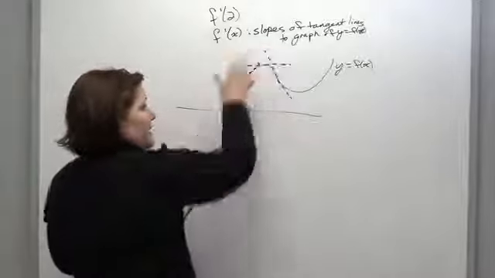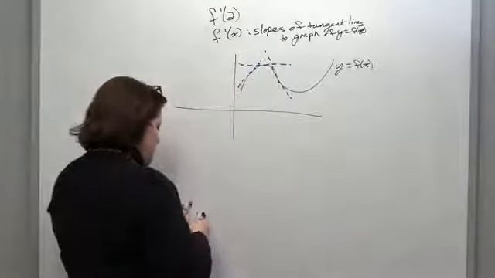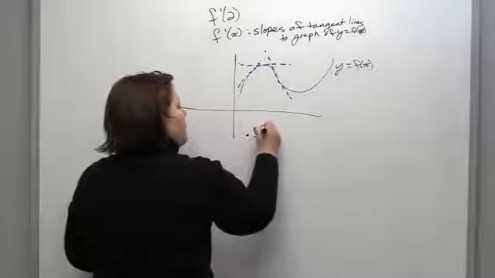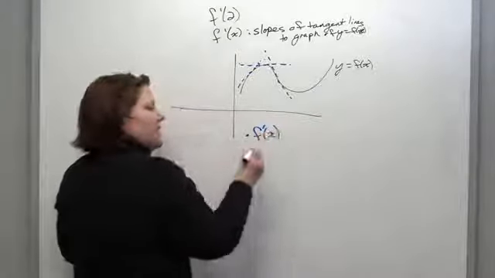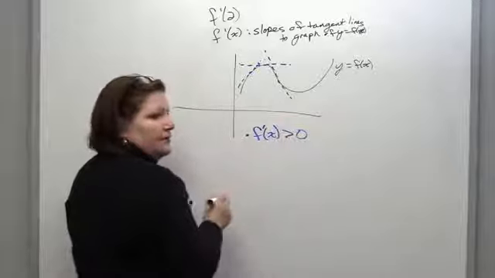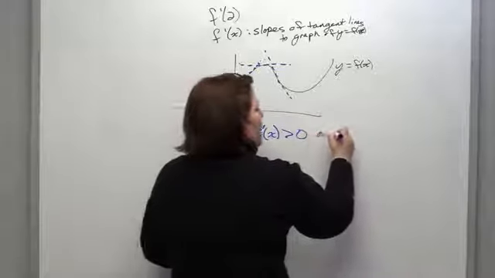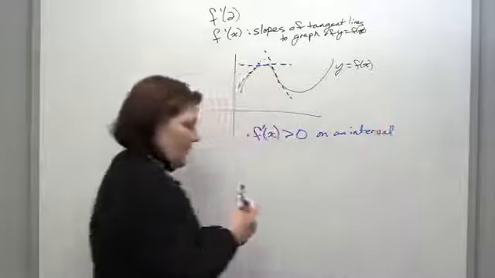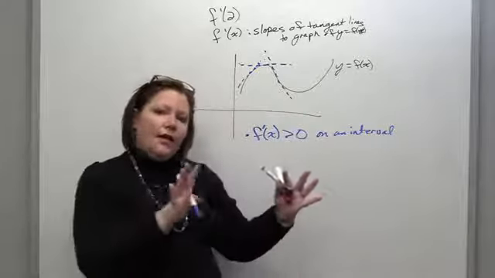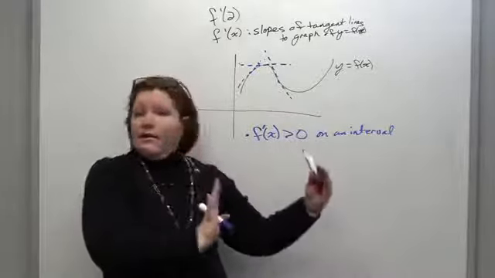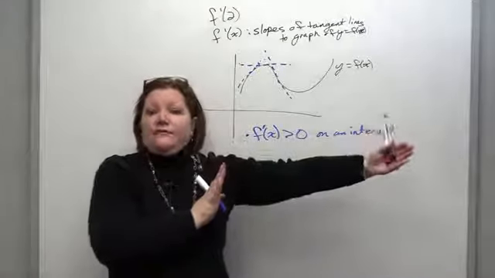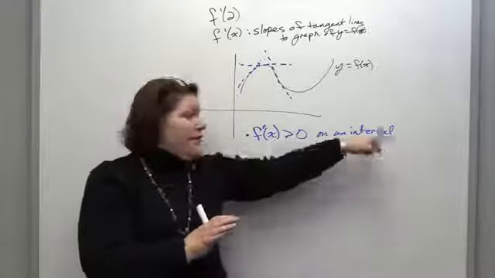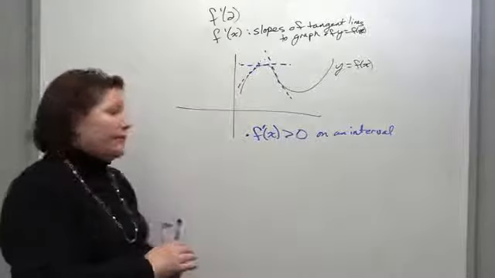Using this idea, when f prime of x is greater than 0 on an interval, so what they're talking about here is on an interval from, say, -5 to 7 for our x values, f prime is always positive on that interval.